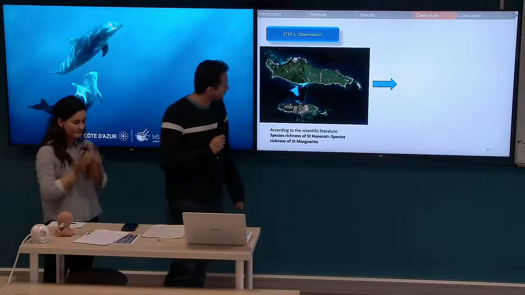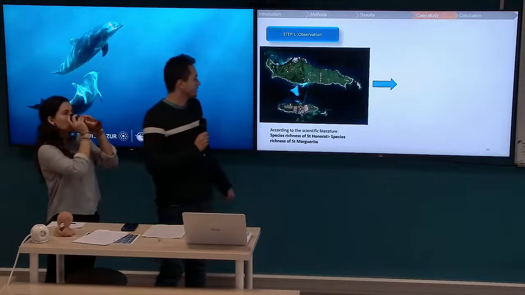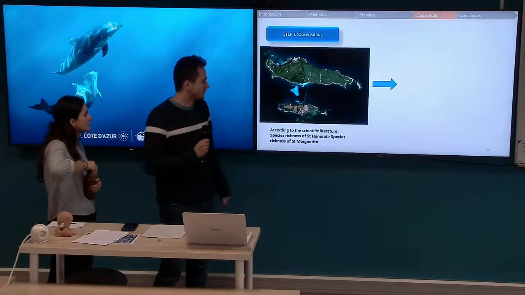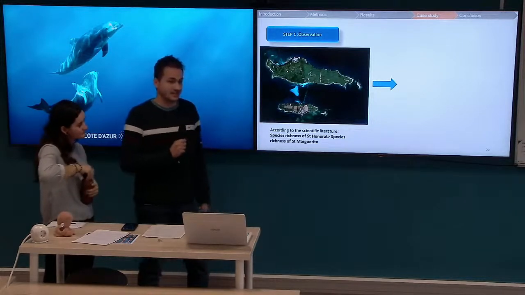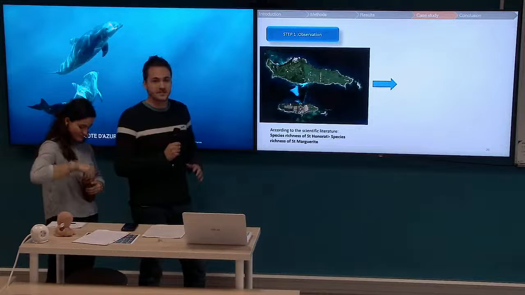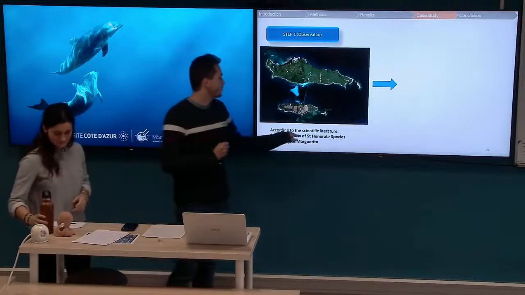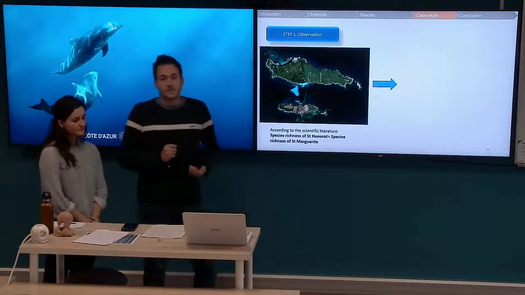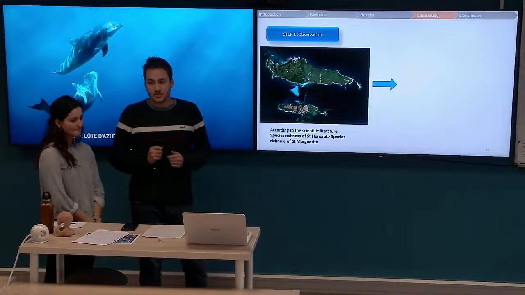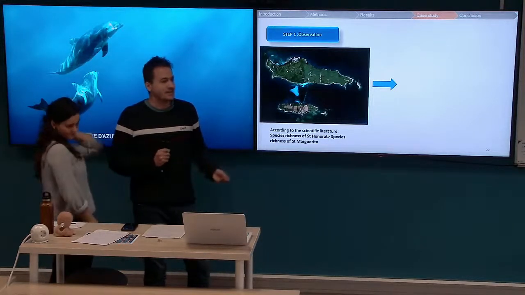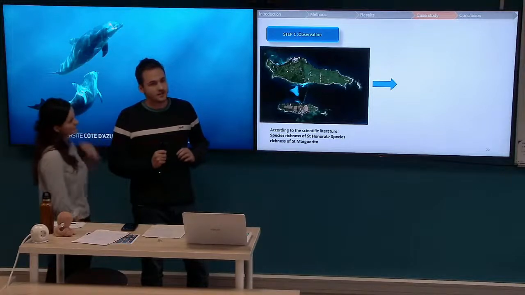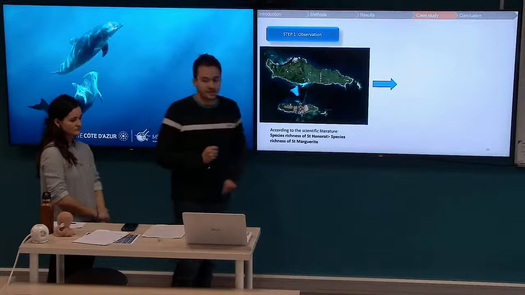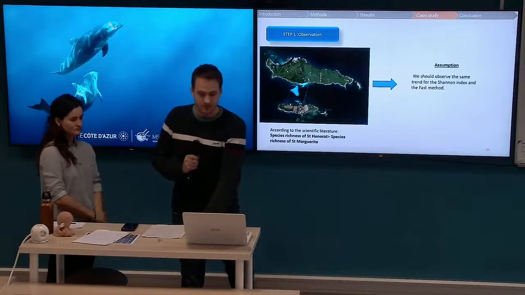The first observation is that we know, according to the literature, that species richness, which is also a biodiversity index that counts the number of species in an area, is greater on St. Honora than on St. Marguerite. So, because there is a strong link between the 2 indexes, we can make the assumption that they will follow the same trend if we compare the 2 islands. And this is the assumption.